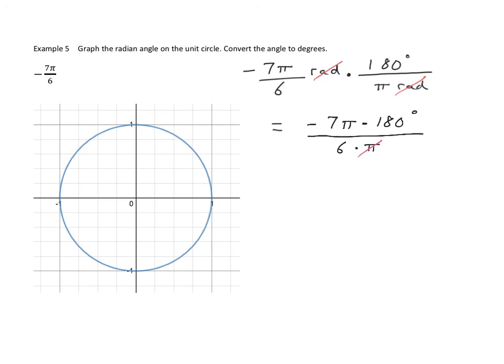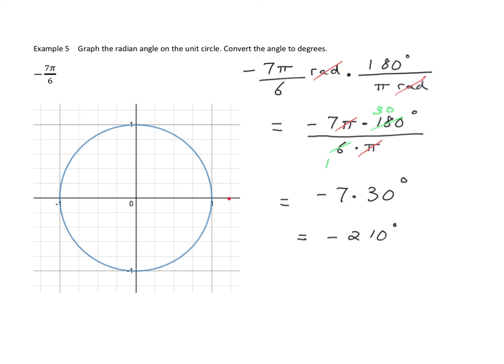So I can simplify by canceling pi, and I know that 6 goes into 180. Just be careful here to divide that, and we get 30. So this is negative 7 times 30. I don't need the denominator because the denominator is now 1, and this is all degrees. Or more simply, negative 210 degrees.